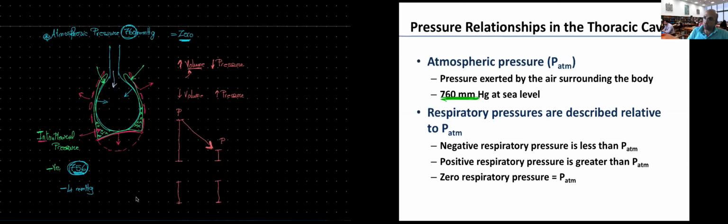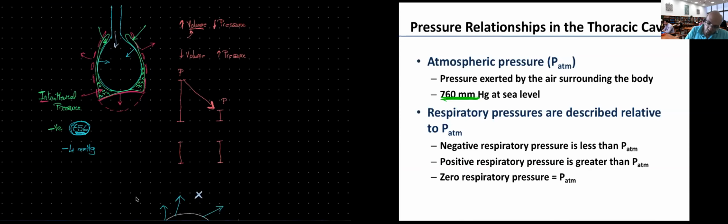Looking here at the lungs, we've seen two pressures. We've seen the atmospheric pressure, which is 760 millimeter mercury, but we're going to consider it as a zero pressure. And we have the pressure inside the thoracic cavity, intrapleural pressure, which is -4 millimeter mercury.